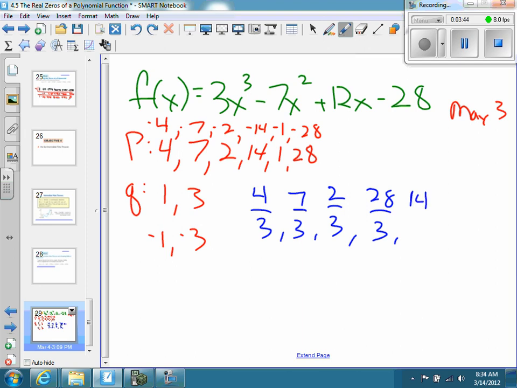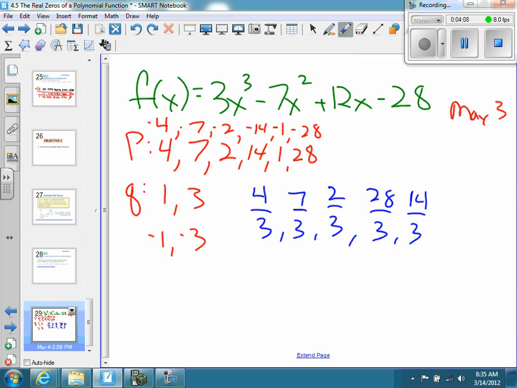I know that my rational zeros are going to be some combination of P over Q. So you put every possible one over 3. Over 1 is not necessary because I already have them listed here.